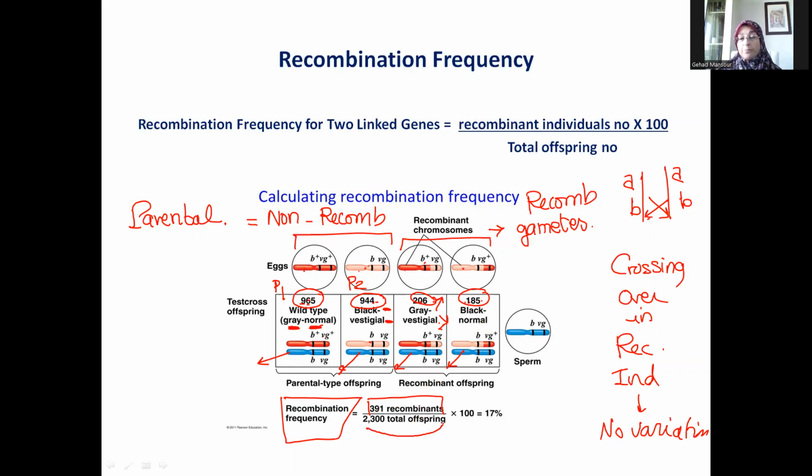You divide them by the total number of offspring. So in the denominator, you sum up 965, 944, 206, and 185, and then multiply by 100. And you will find that the recombination frequency is 17%. Okay.